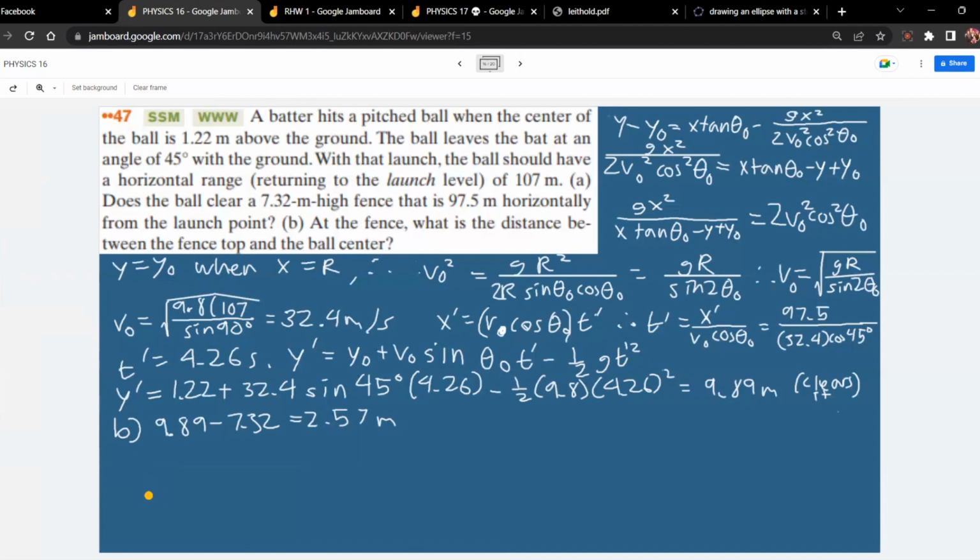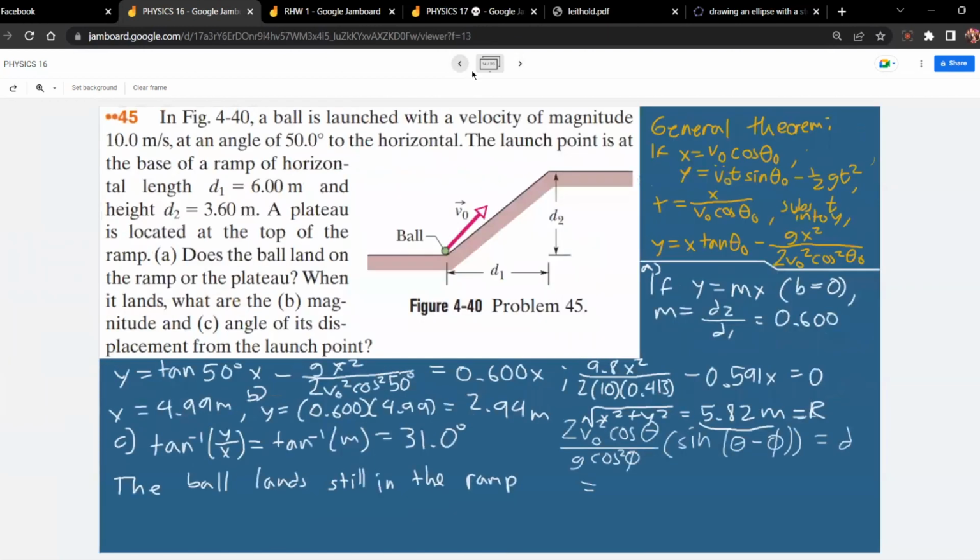So ano yung starting equations natin? Y is equal to negative 1 half g t square plus v naught sine theta times t plus y naught. X is equal to v naught cosine theta times t.